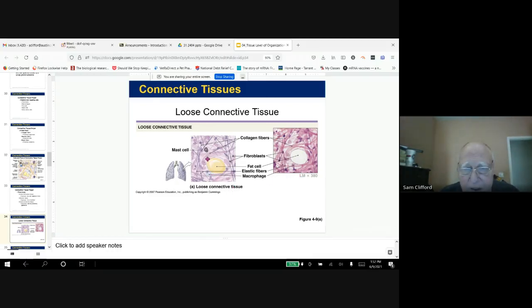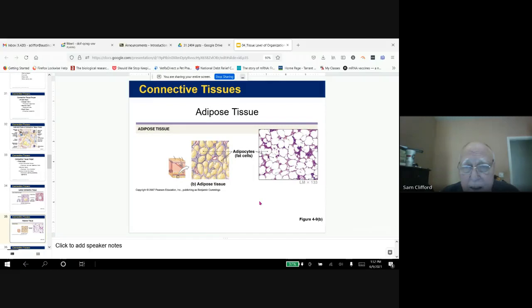It's called loose because it has the matrix, the extracellular jelly, so to speak, that contains cells and fibers, and they're not packed close to one another. Adipose tissue is fatty tissue. This is how you store fat. It has a very distinctive appearance. It looks like a little network. That's about it.